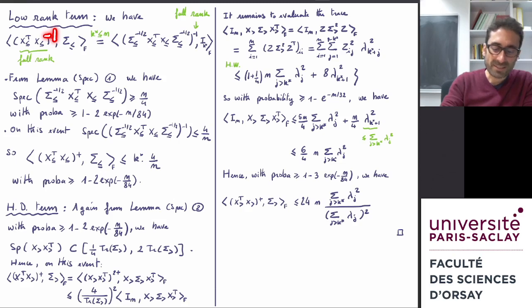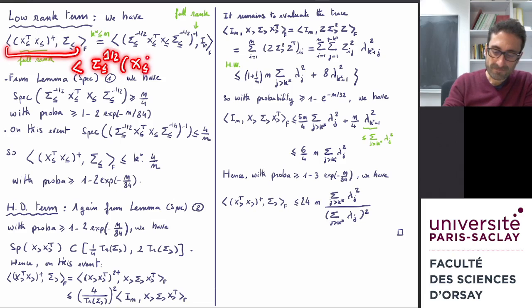And since it is the classical inverse, you can rewrite this as sigma 1/2 x transpose x inverse, sigma 1/2 scalar the identity.